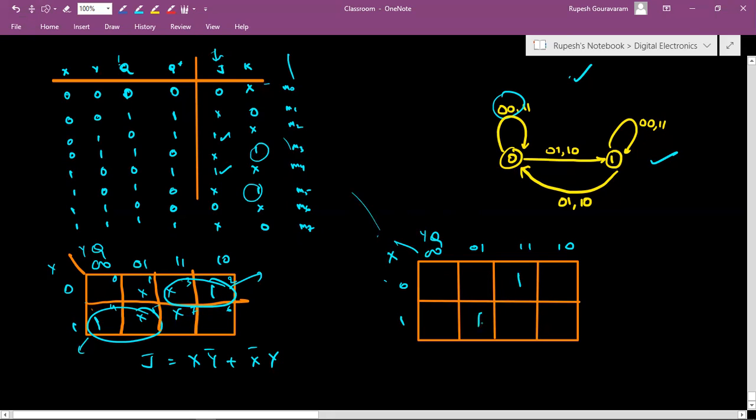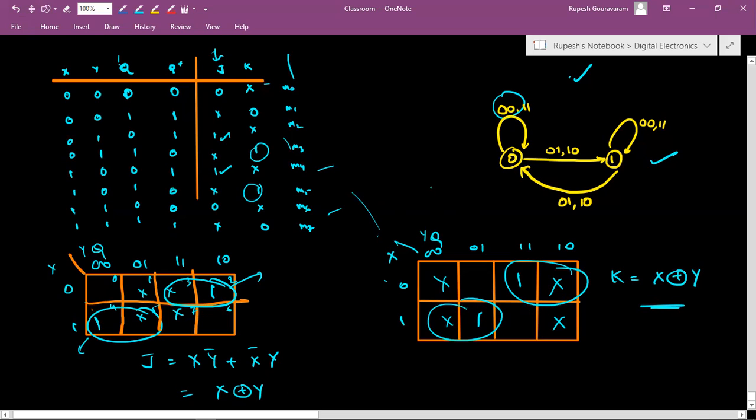So 3 and 5, and the don't cares at 0, 2, 4, 6. So here we can again combine them, and I can write K as x XOR y. So J is also x XOR y. So J and K are the same, that is x XOR y.